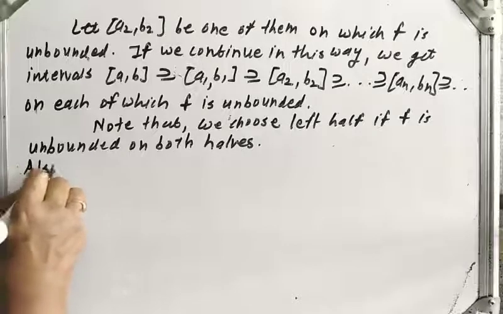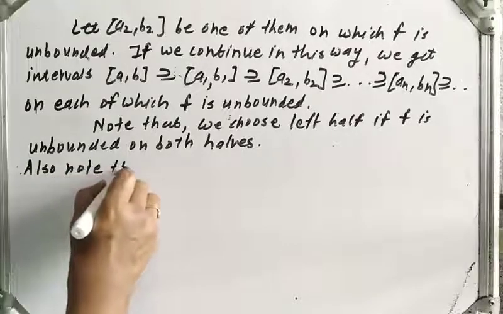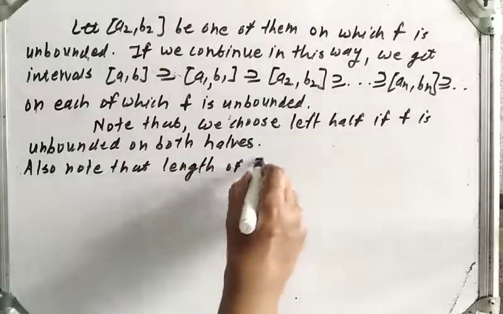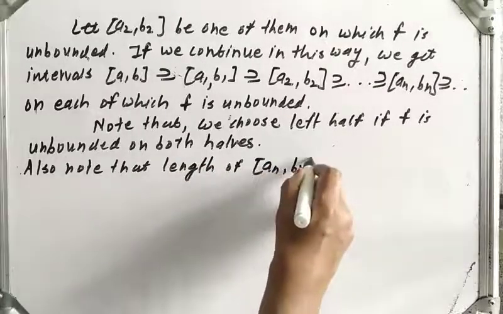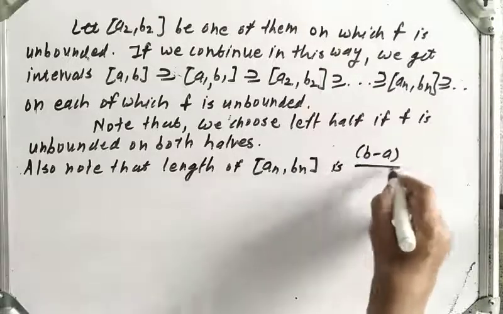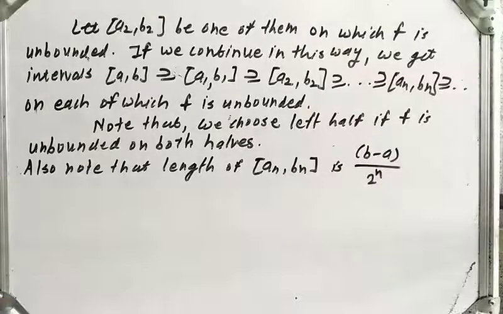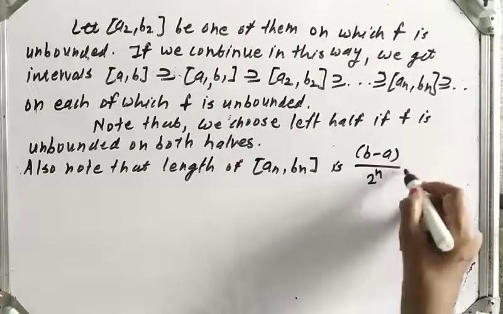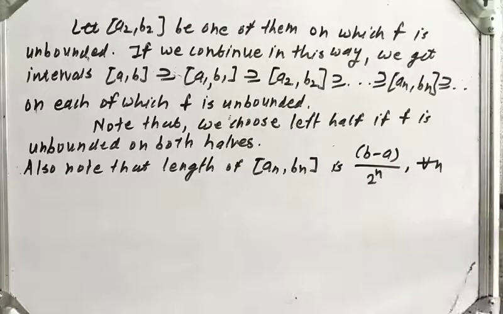Also note the length of the interval an bn. What will be its length? Its length will be b minus a upon 2 raised to n, because we are dividing the interval into equal halves. So the length of an bn will be b minus a upon 2 raised to n for each n.